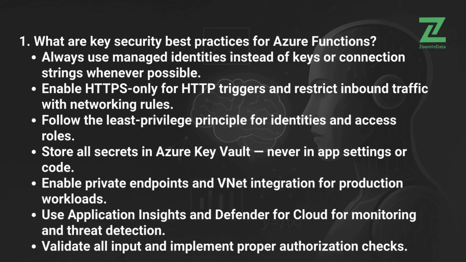Store all secrets in Azure Key Vault, never in app settings or code. Enable private endpoints and VNet integration for production workloads. Use Application Insights and Defender for Cloud for monitoring and threat detection. Validate all input and implement proper authorization checks.